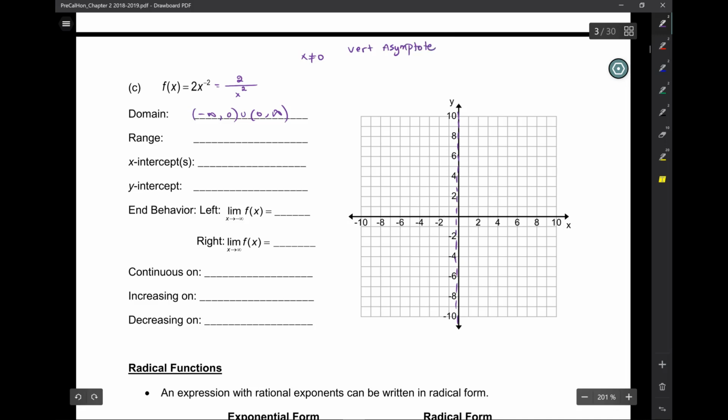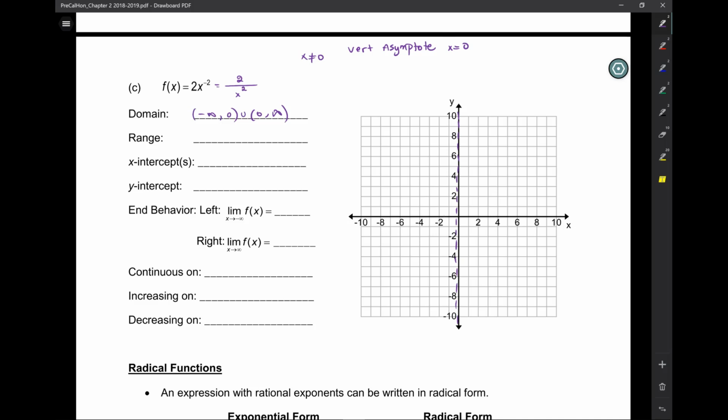Right? At x equals 0. Okay, values of y. Well, there's no x-intercept. Right. So let's talk about values of y. If we plug in positive values of x, are my y values going to be positive or negative? Positive.